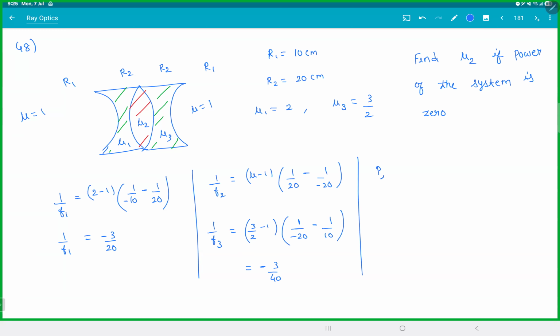So power of the system will be P1 plus P2 plus P3 is 0. So indirectly 1 by f1 plus 1 by f2 plus 1 by f3 is 0. Minus 3 by 20, plus mu minus 1 by 10, minus 3 by 40 is equal to 0.